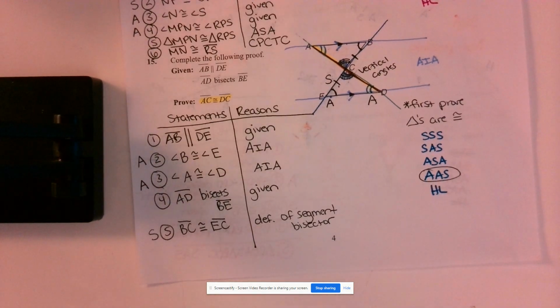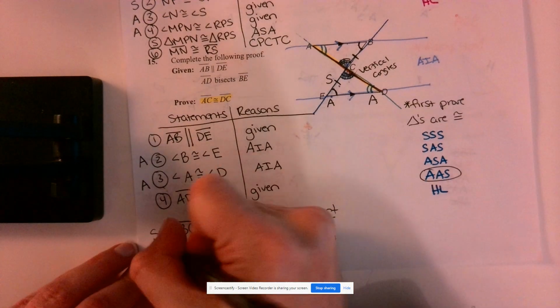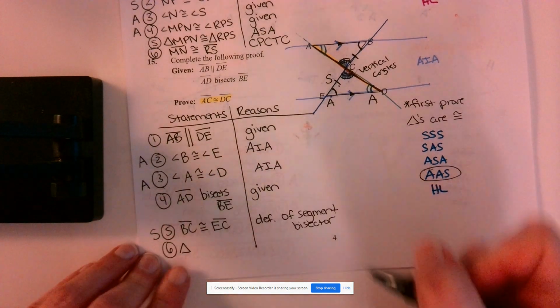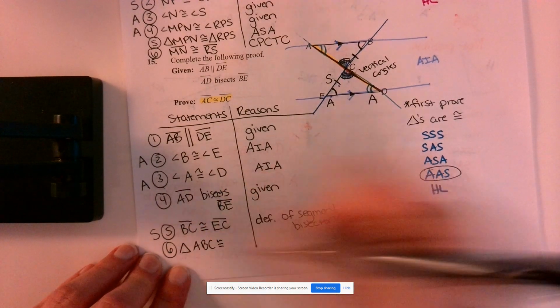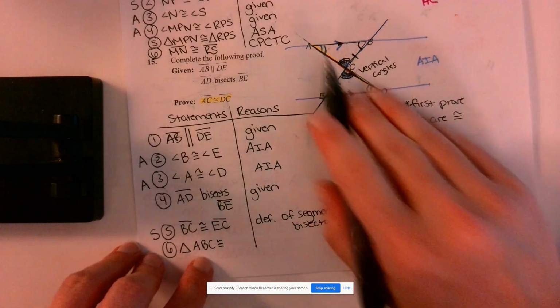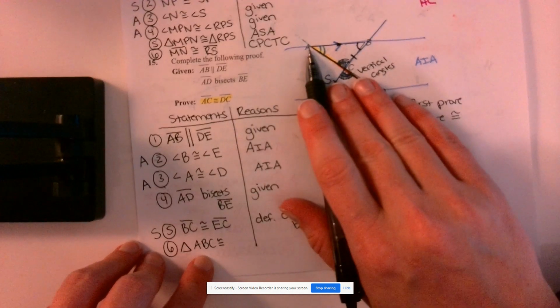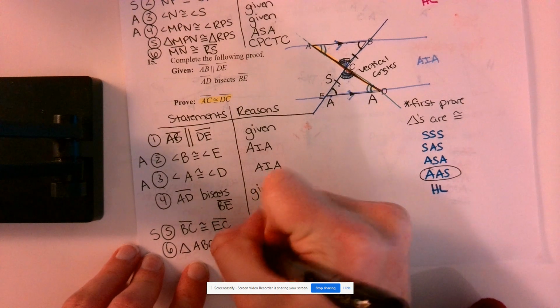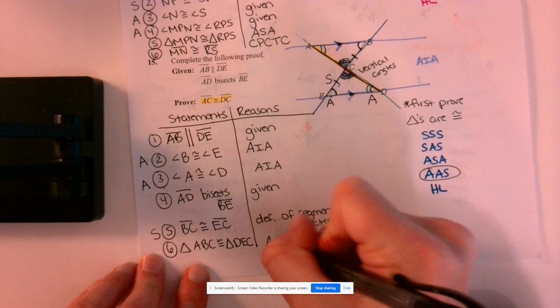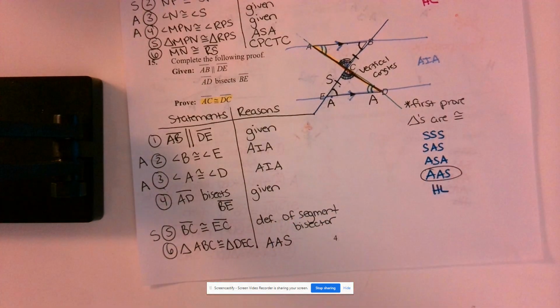So I am now ready to state that the two triangles are congruent. Triangle ABC is congruent to, make sure you match up your letters correctly, triangle DEC by the angle side theorem.